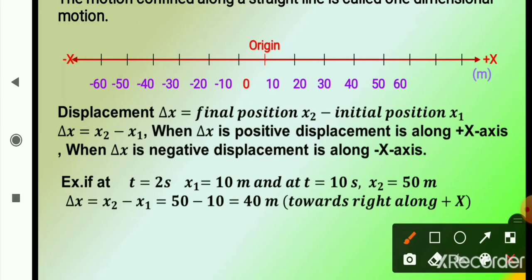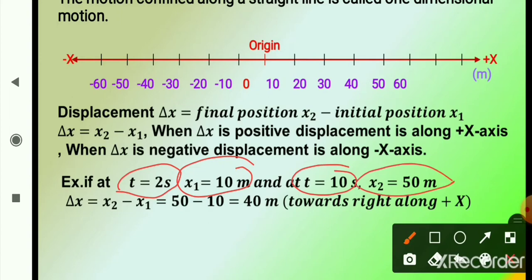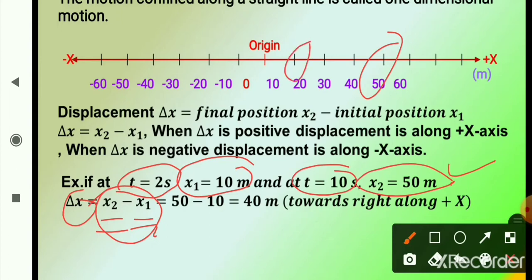If at t is equal to 2 second x1 is 10 meter and t is equal to 10 second x2 is 50 meter, then delta x displacement is final position x2 minus initial position x1. Now final position 50 meter है यानी कि वो इधर 50 meter है. Initial position 10 meter है यानी कि वो ये 10 meter है.